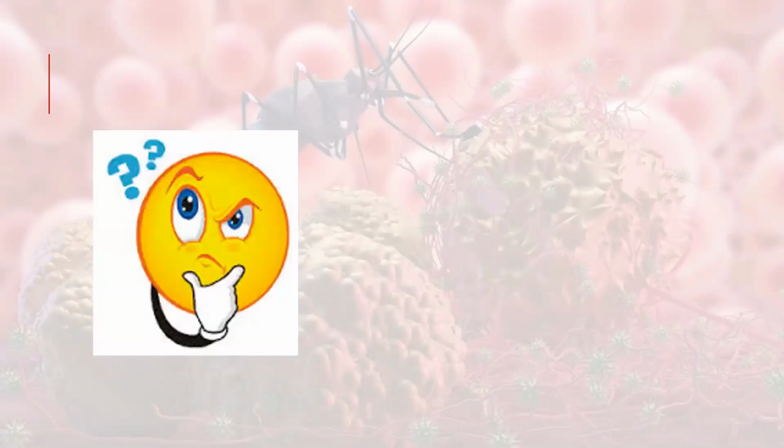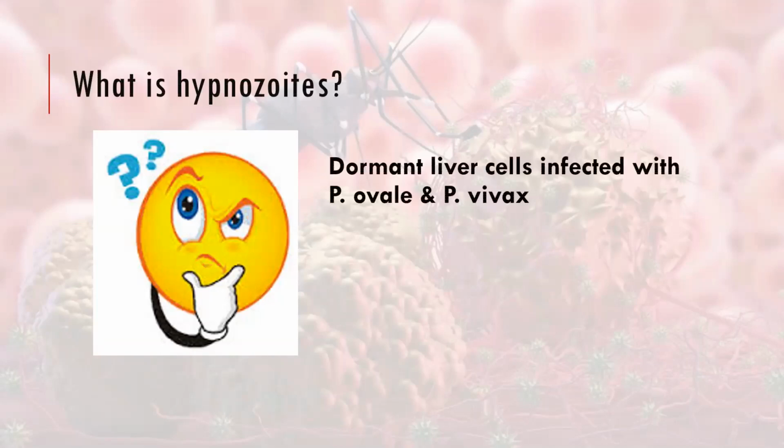Okay? Ano ba yung hypnozoites na yan? These are what we call dormant liver cells infected with ovale and vivax, that may remain for years or several months.